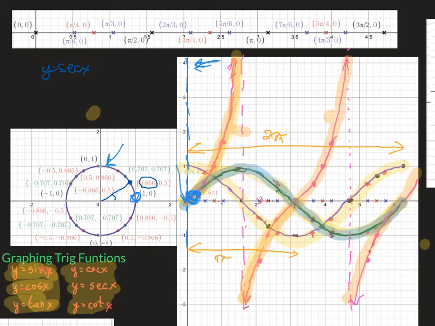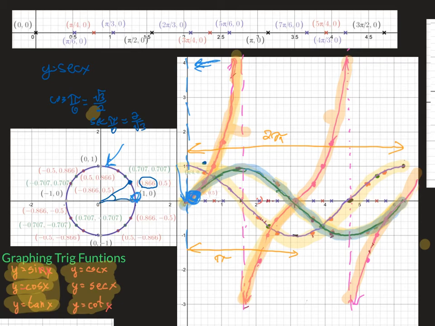To be more specific, since cosine of pi by 6 equals root 3 over 2, well then the secant of pi by 6 is equal to 2 over root 3, the reciprocal. All right, we already know that's about 1.15, so I might as well throw that one in there now.